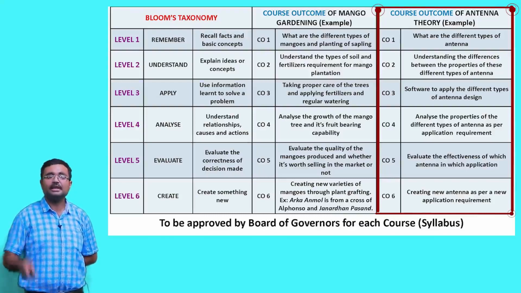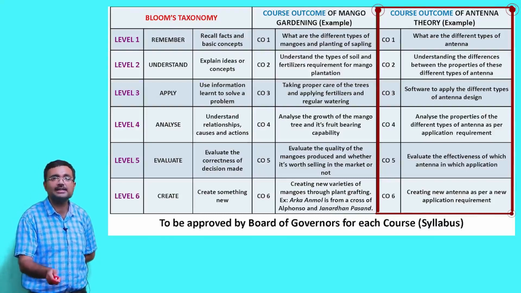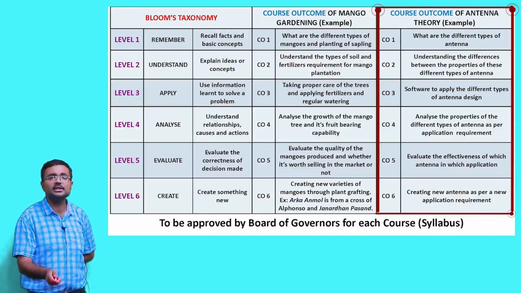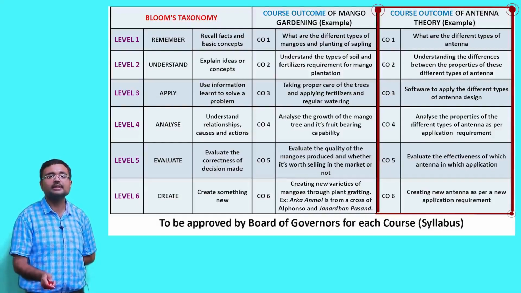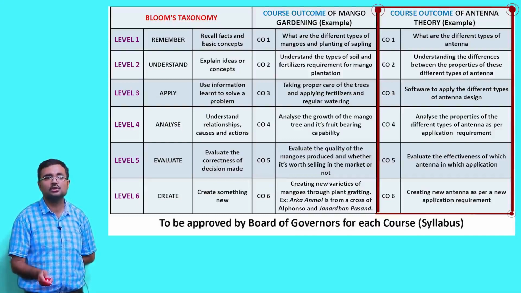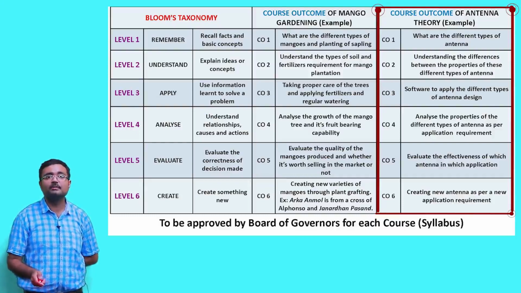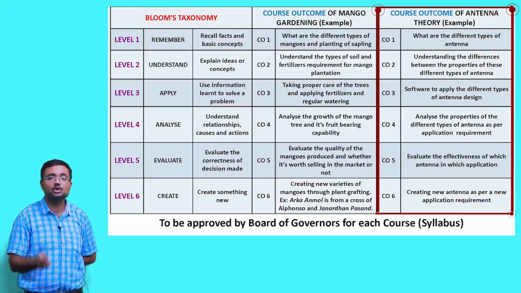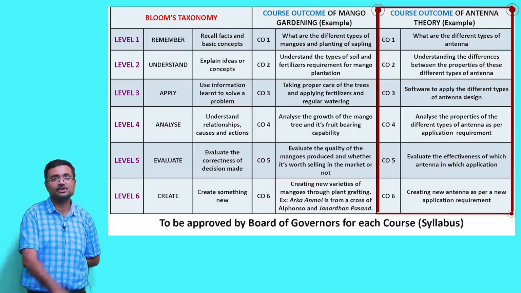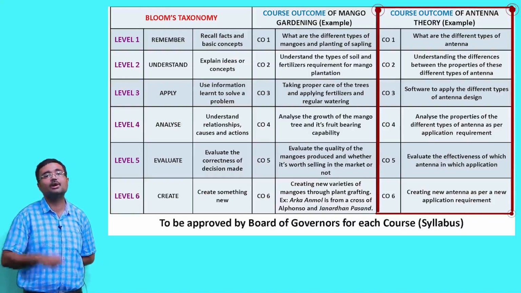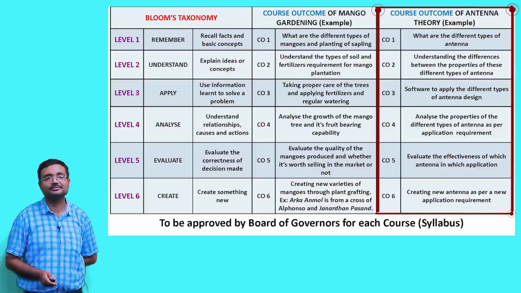For example, if the institute is teaching antenna theory, then the teacher who is teaching antenna theory has the independence to create his own course outcomes, or COs, but these COs will have to be approved by the highest level of the institute before the course is taught to the students. This is about the course outcomes.